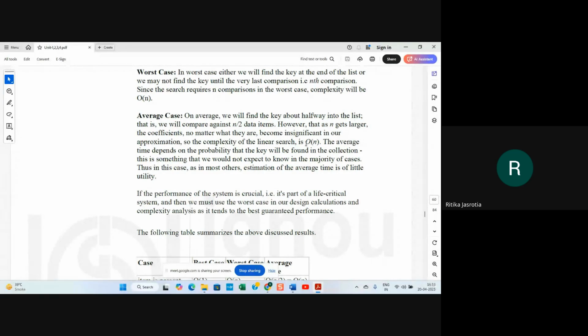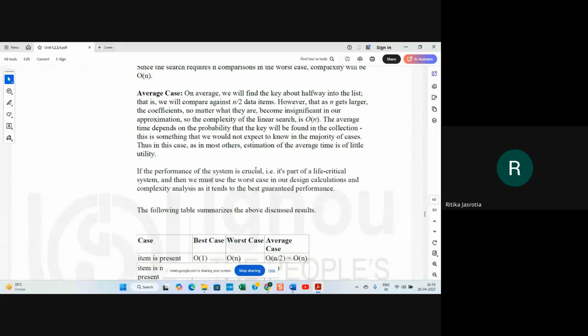So basically, linear search has O(n) complexity, but the average case will not be any help to us, because in many cases we may not know whether the item exists there, or whether it is in the middle or not. So we have no idea.